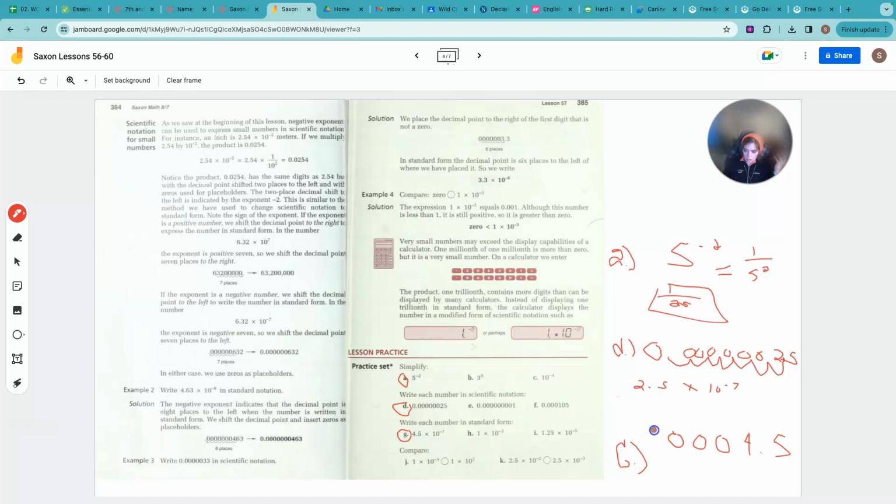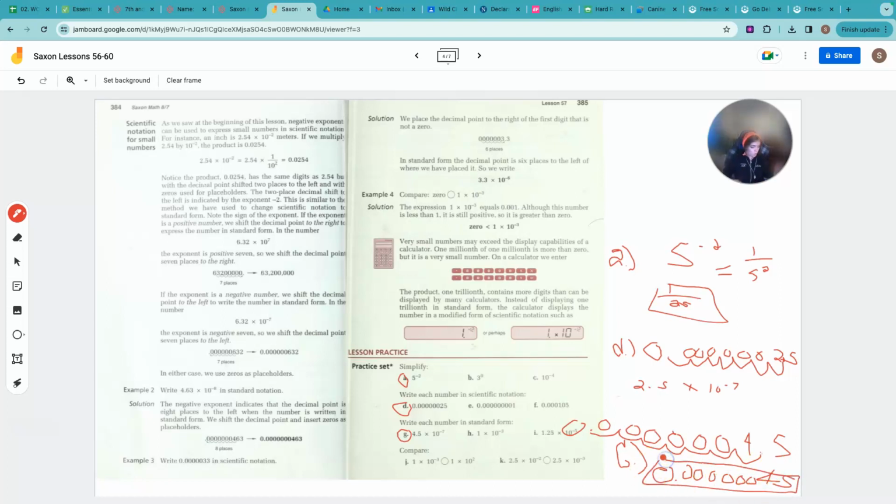We're going to move it 7 times. 1, 2, 3, 4, 5, 6, 7. So we're going to have 6 zeros. 1, 2, 3, 4, 5, 6, and then a 4, 5. And that's the answer.